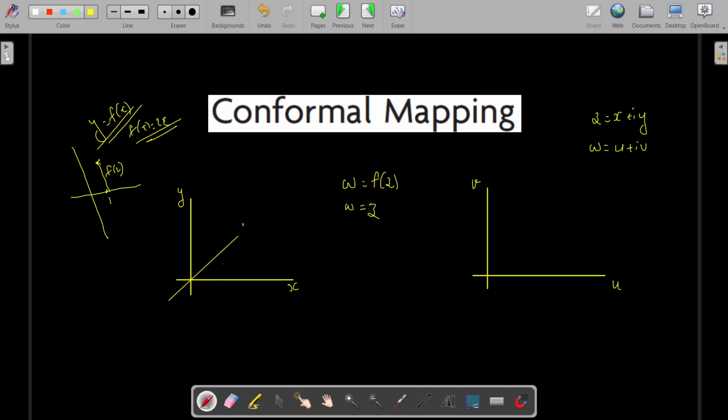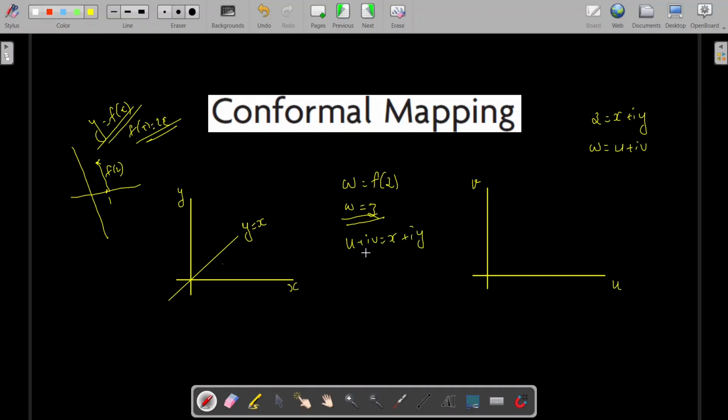Now, suppose you have a line y is equal to x in the z plane, that is, the graph of the function f of x equal to x. Let us see what happens if you find the image of this line under the map w equal to z. w equal to z means that u plus iv is equal to x plus iy.